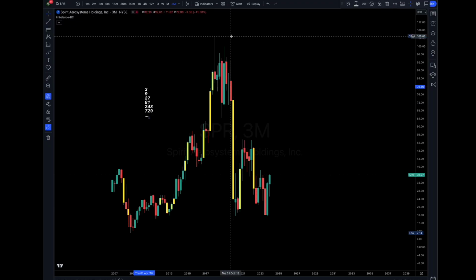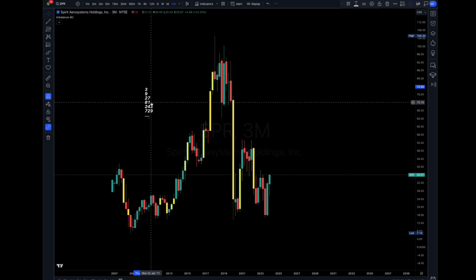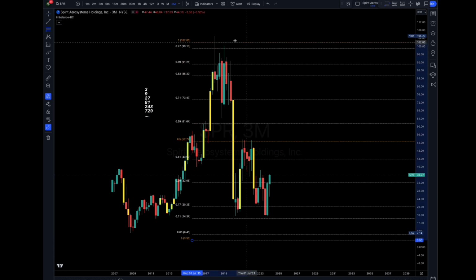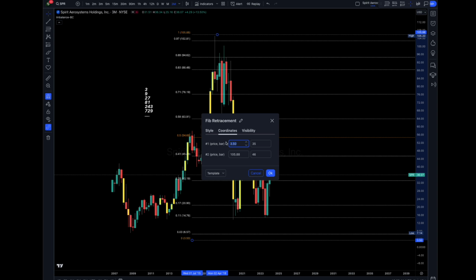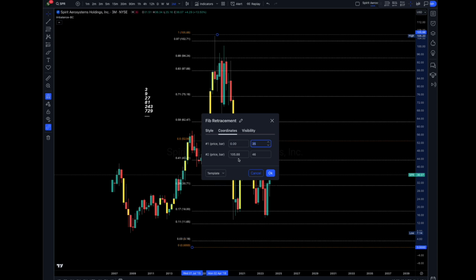The high was $105. So the range that we are playing in, so we went past $81. The range is from 0 to $243.